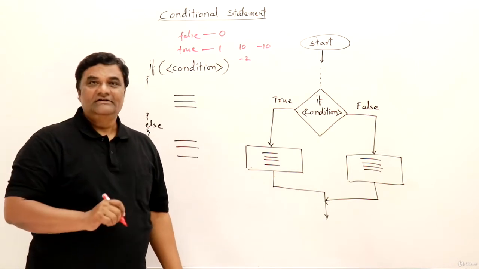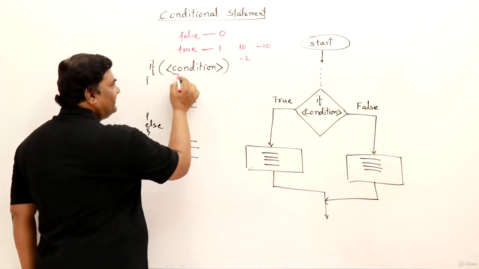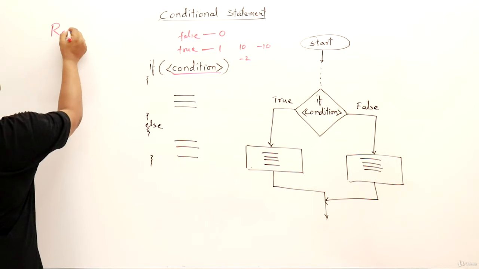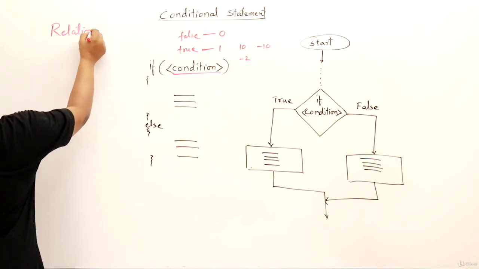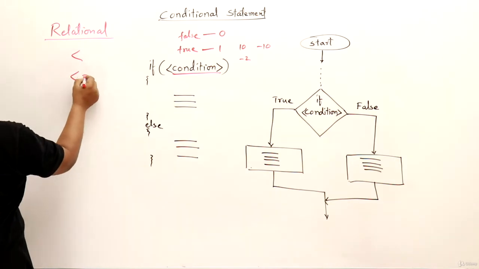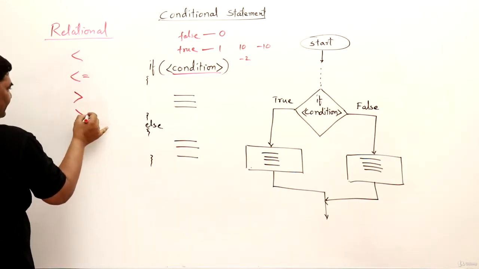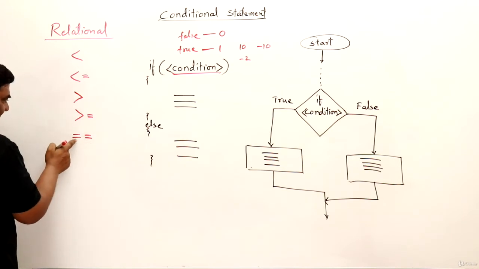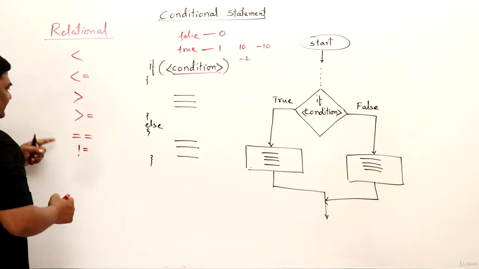Now the next thing we will learn is how to write this condition. Conditions are written using relational operators. So what are relational operators? Less than, less than or equal to, greater than, greater than or equal to, equal to. For equal to, we have this symbol, the double equals sign. And not equal to is exclamation mark followed by equals.